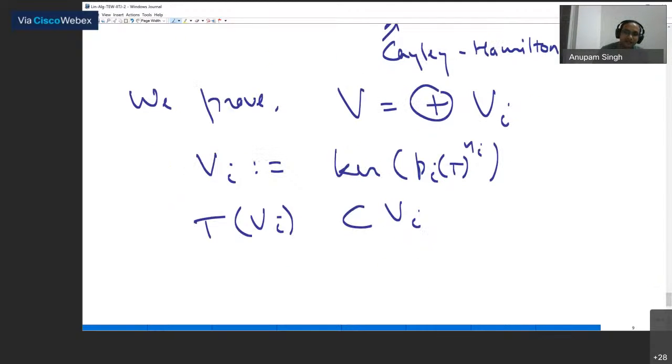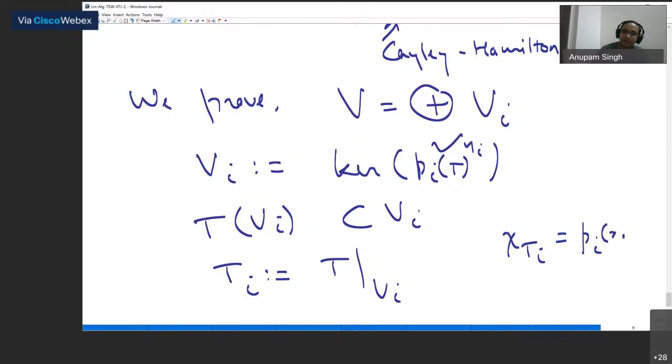And then I can restrict T to these Vi. And the way I define this Ti, I'll get automatically the other parts. The characteristic polynomial of Ti will be exactly pi(x) to the power ni, because I have defined it that way, and the minimal polynomial of Ti is also pi(x) to the power ni. So this proves basically the primary decomposition theorem.